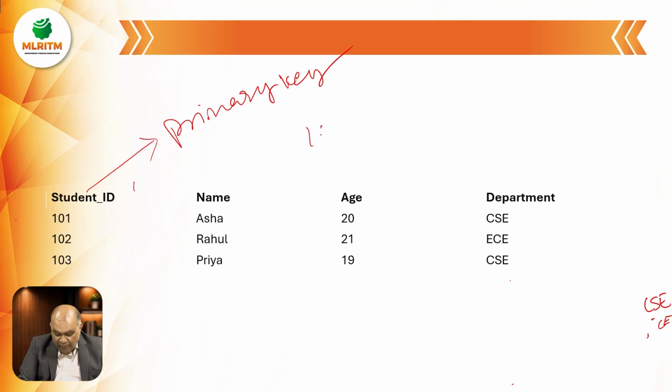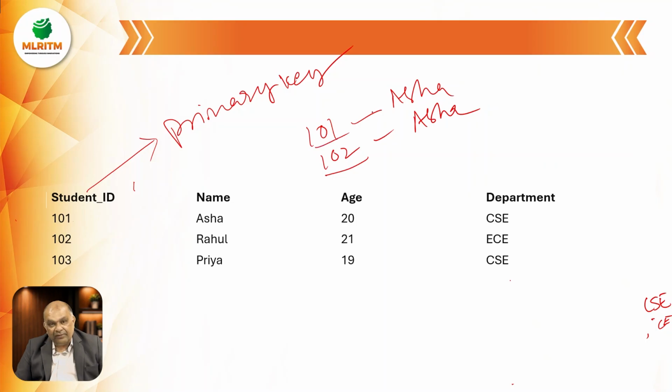Now 101's name is Asha, and 102's name can also be Asha, because 101 and 102 are defined as the primary key. Names can be the same, but IDs will not be the same. The two Ashas we are talking about are different people, because two people cannot have the same ID.